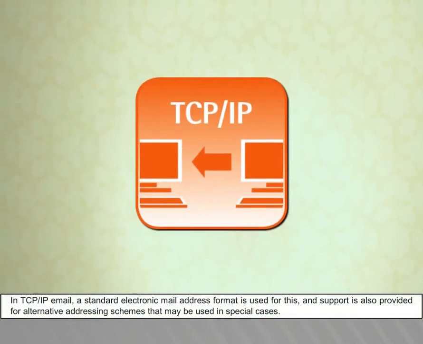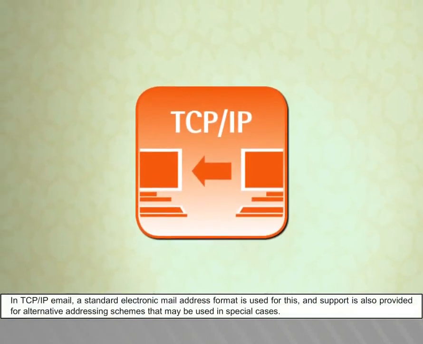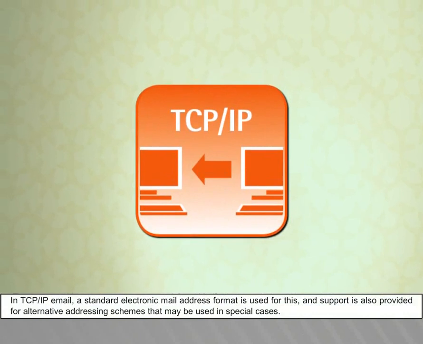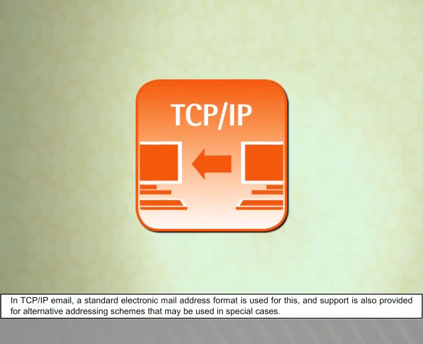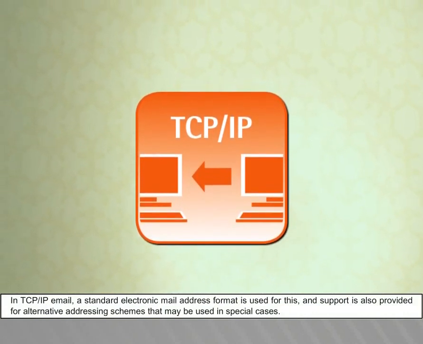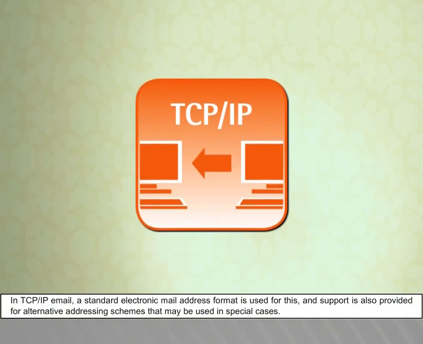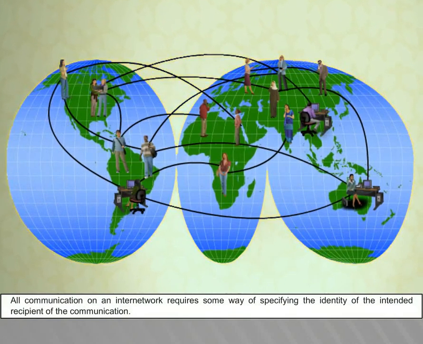In TCP/IP email, a standard electronic mail address format is used for this, and support is also provided for alternative addressing schemes that may be used in special cases. All communication on an internetwork requires some way of specifying the identity of the intended recipients of the communication.